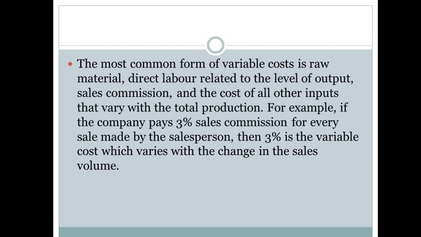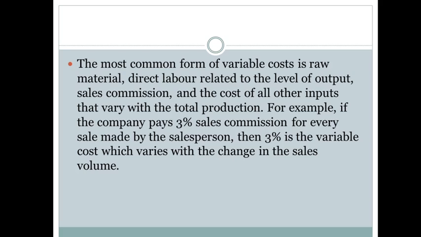If we increase our output, raw material requirement will be more; if we decrease our output, raw material requirement will be less. So all these things come under variable cost.